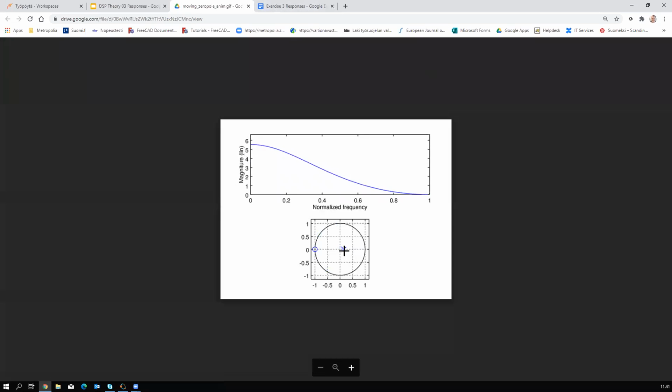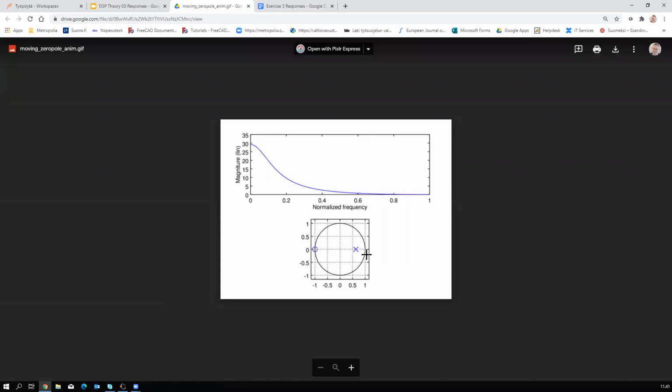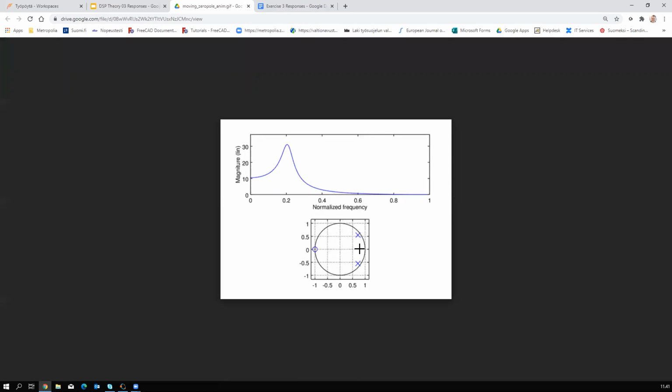Then I start moving the pole closer to the unit circle, and as you can see, the gain at that angle increases. Q factor is also getting better, and here I have to split the poles because you need a complex conjugate pair, same way as in analog systems.